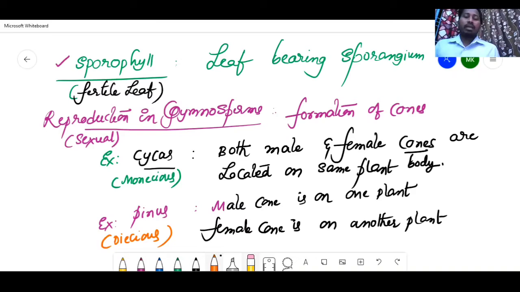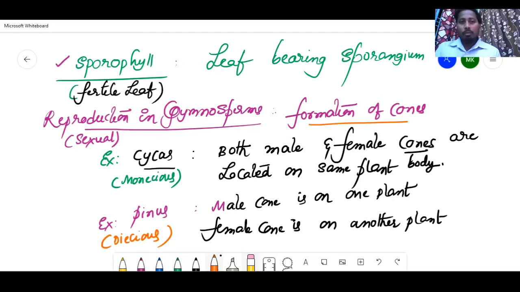So the important feature of gymnosperms is formation of cones. Now you have to understand the meaning of cone. These are two important points. Then cone means, I will tell you. What is sporophyll?